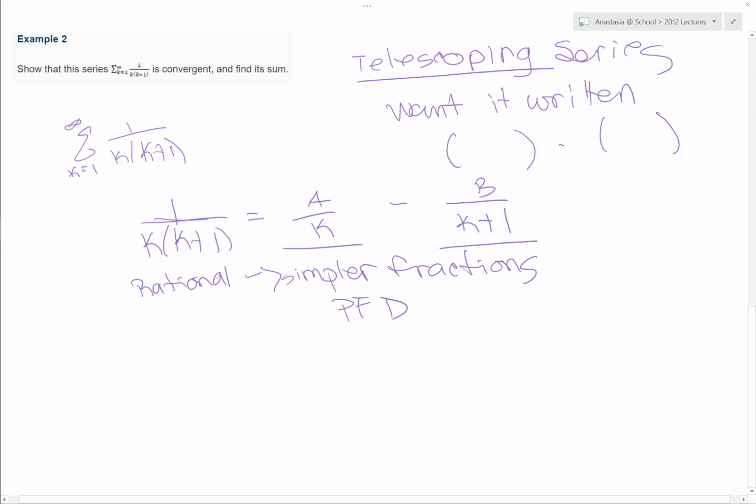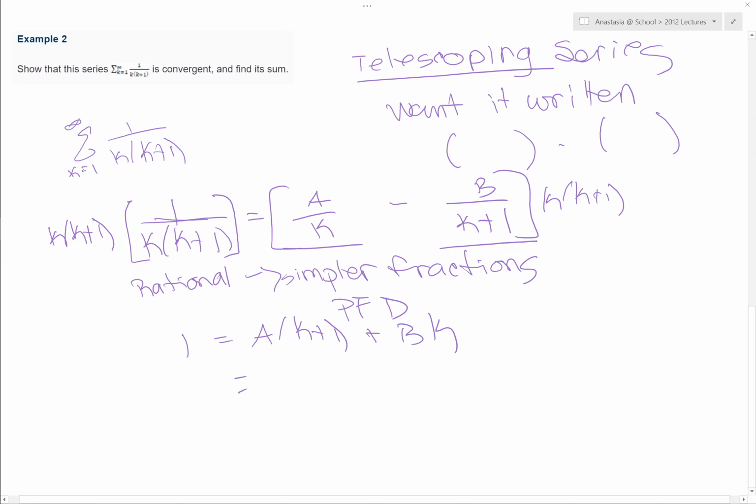So now the process is to multiply both sides by k times k plus 1. That cancels out on the left, so we're just left with a 1 there. On the right, we'll have a times k plus 1 plus b times k. Distributing the a and combining like terms, we're going to have a plus b times k plus a, and this equals 1.